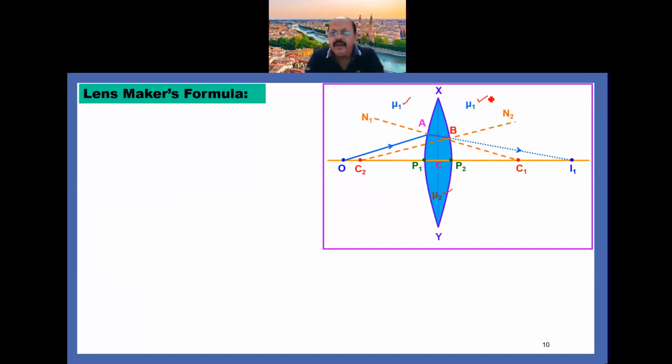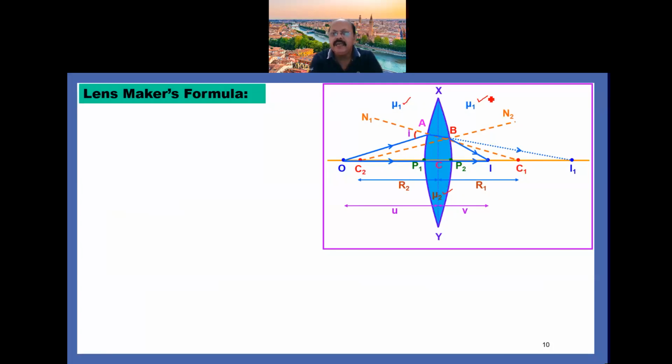If there is no refracting surface xP2y, then it meets the first ray which is incident along OP1 and passes straight at point I1.